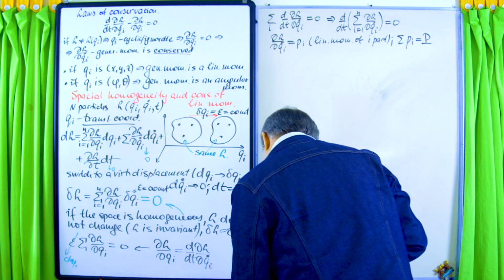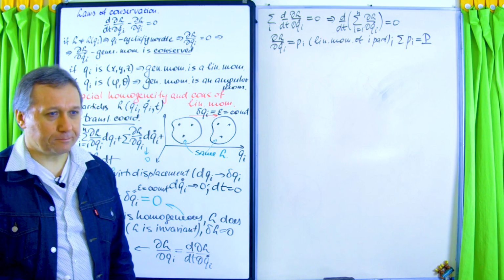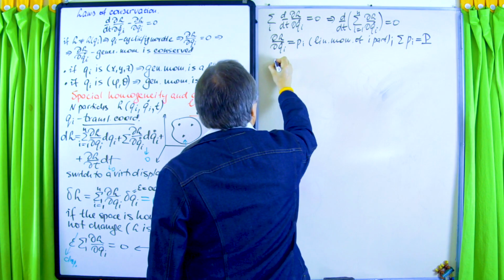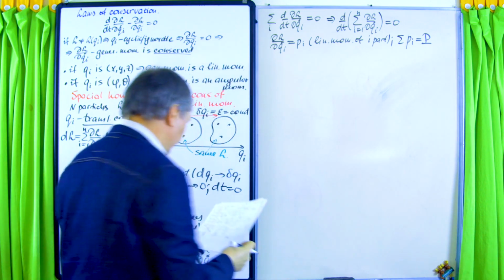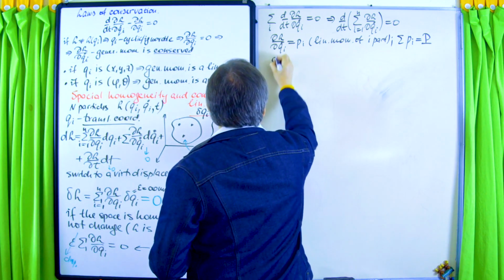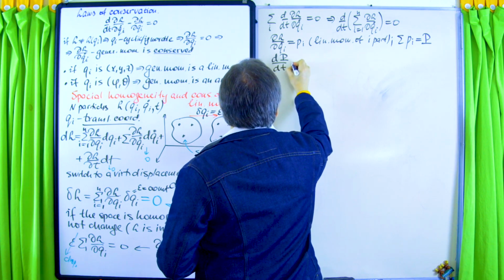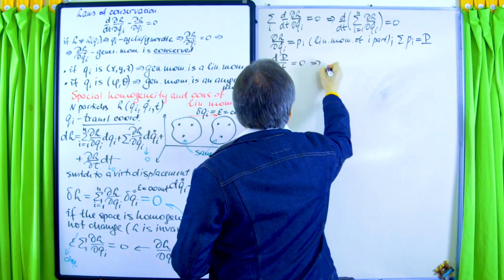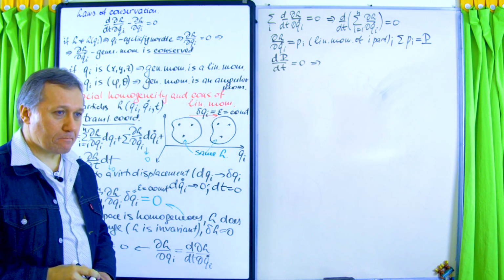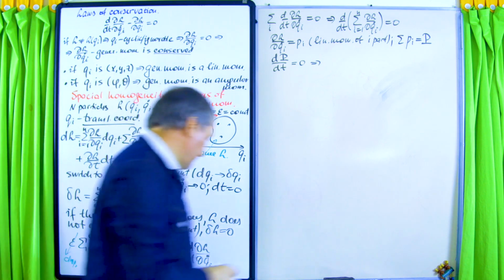Should I use the vector form? No, just like this. So as a result, we're getting that dp over dt equals 0. And of course, as a result, the linear momentum is constant.